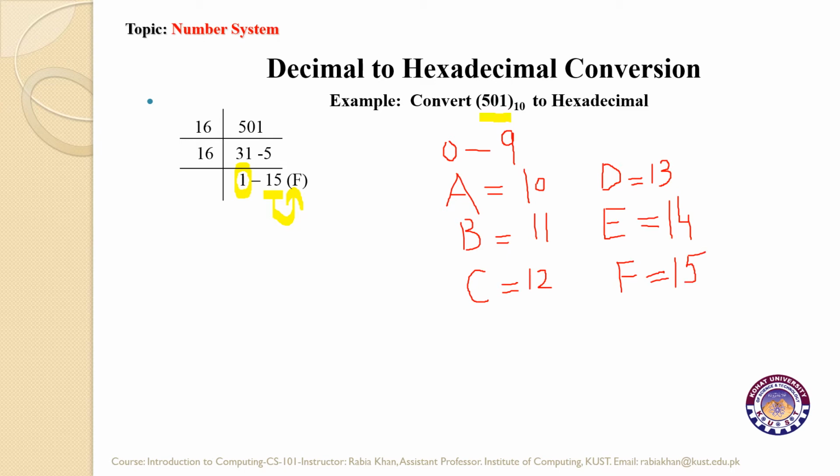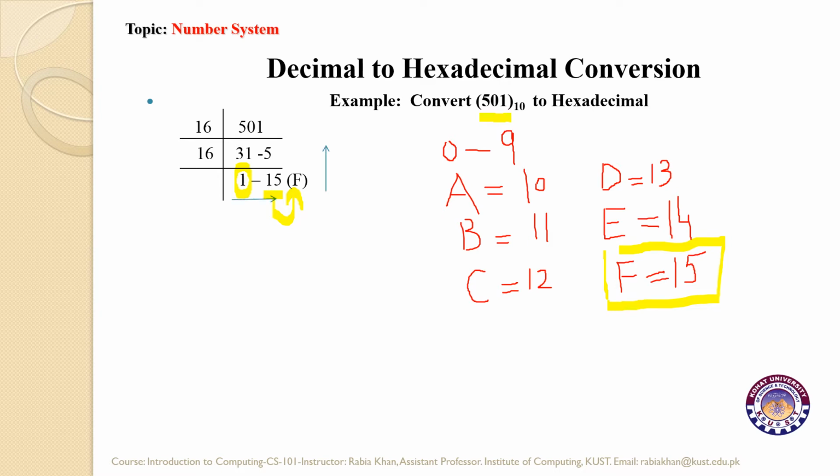So here you can see the remainder is 15 in this case, but 15 is not a valid digit, so it has been replaced by the symbol F. Here F shows number 15. But keep in mind, these alphabets or letters must be in capital letters. So how do we need to write the answer?